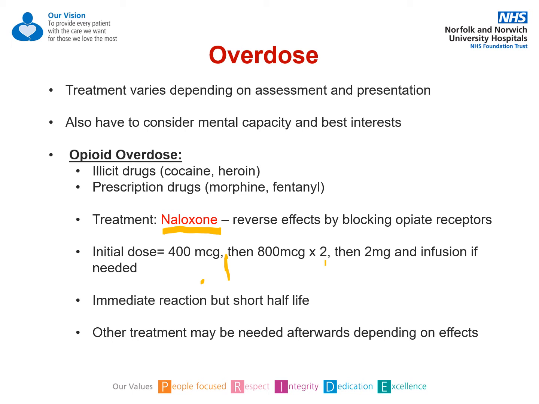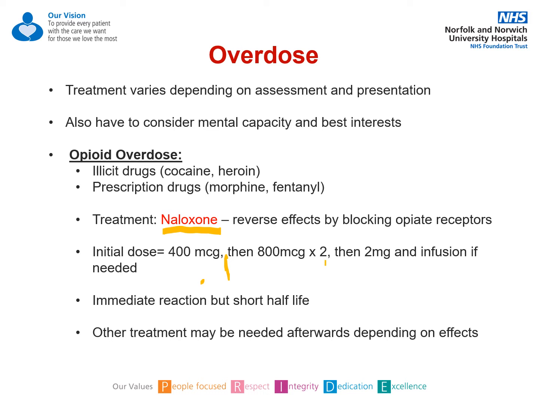What's quite interesting about naloxone is that it can work absolutely instantaneously. So your patient can be having a really low GCS and a respiratory rate of only like 5 breaths per minute, for example. You can give them this injection, and then they'll sit bolt upright in their bed.